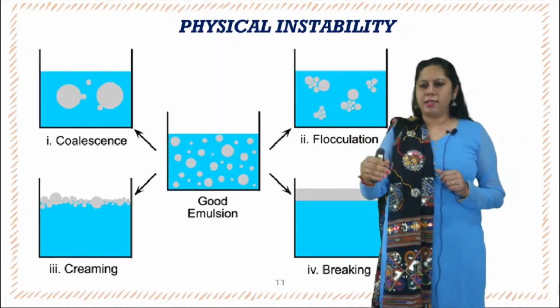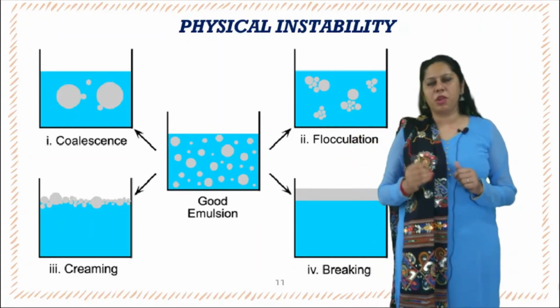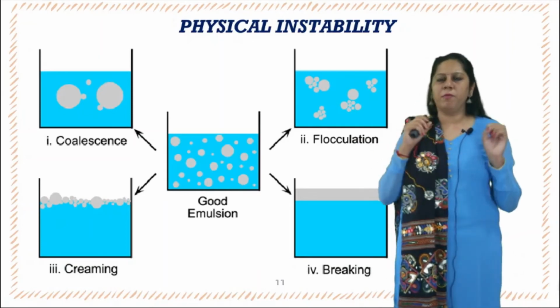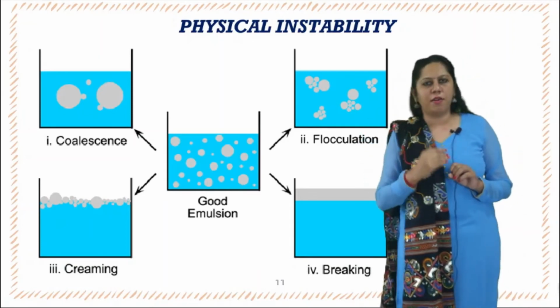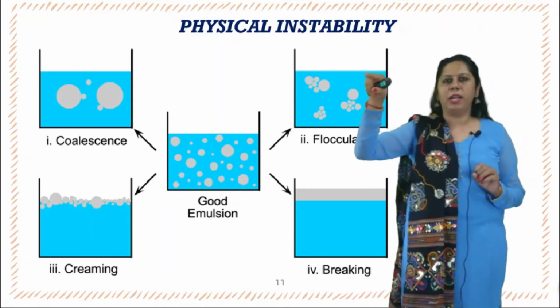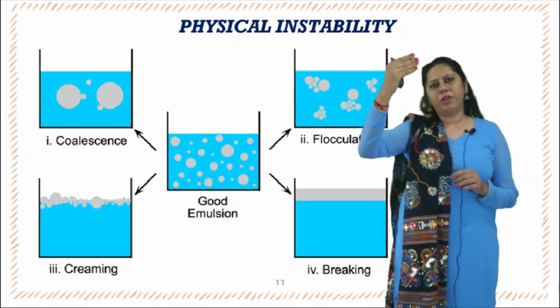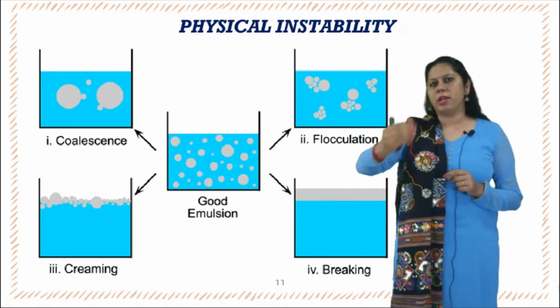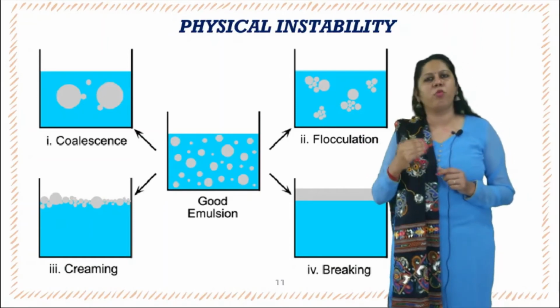In creaming, two different phases are formed. The globules will accumulate upward or downward: upward creaming as in the case of oil in water emulsion, and downward creaming as in the case of water in oil emulsion.